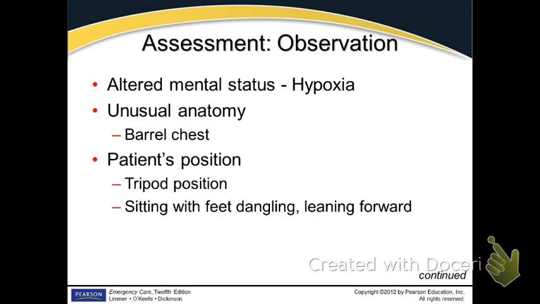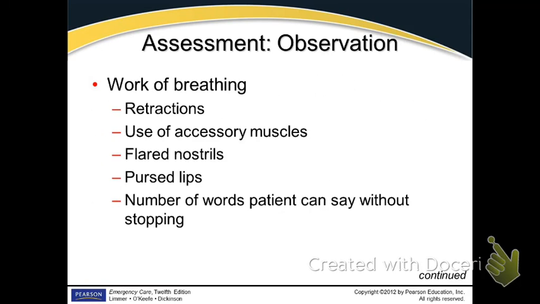So, are they tripoded? Do they need to sit upright, like in a CHF patient, congestive heart failure? They won't lay flat. They've got fluid typically all the time in their lungs, and they don't like to lay flat. Are they retracting? Are they using those accessory muscles?